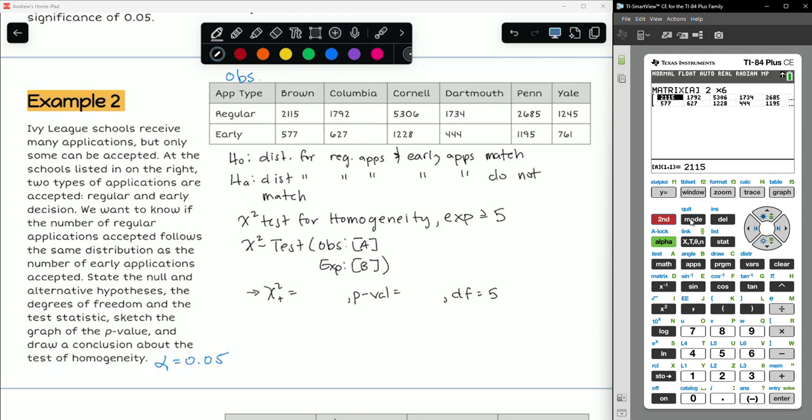And then I'm going to run chi-squared test. So stat test, chi-squared test, A, B, calculate. And we get even bigger values. We get a test statistic of about 430, a p-value that is a decimal point and 90 zeros, and then a 9. So that's definitely approximately 0. And we do get a degrees of freedom of 5.